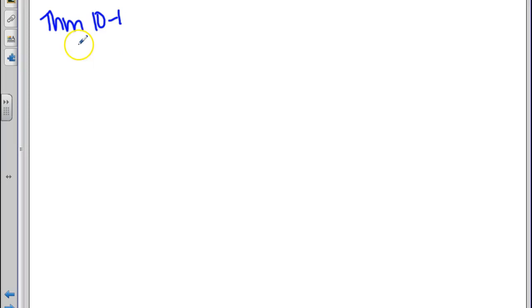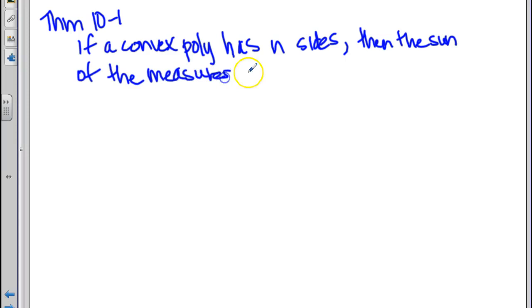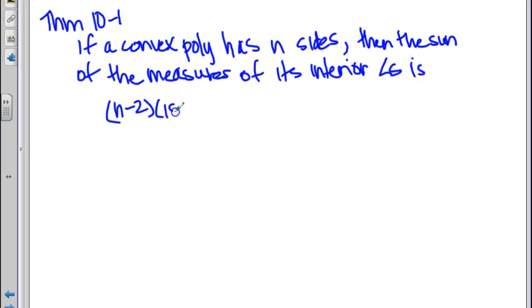If a convex polygon has n sides, and a convex polygon has at least 3 sides, then the sum of the measures of the interior angles is n minus 2 times 180.